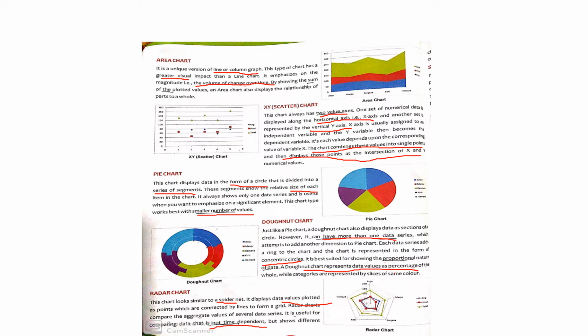This area chart is showing the relationship of parts to a whole. We have seen that Anju had scored 60 or 70 marks in English, as we can see from the graph, and the marks in Hindi are represented by red color.